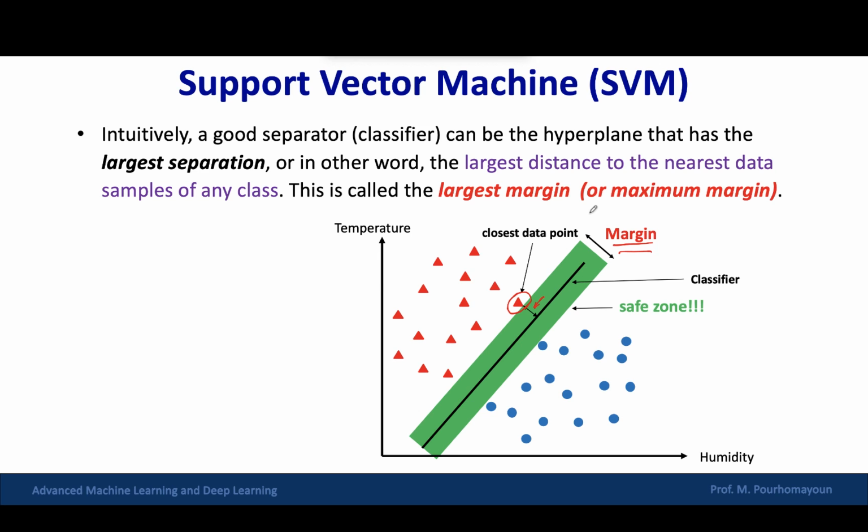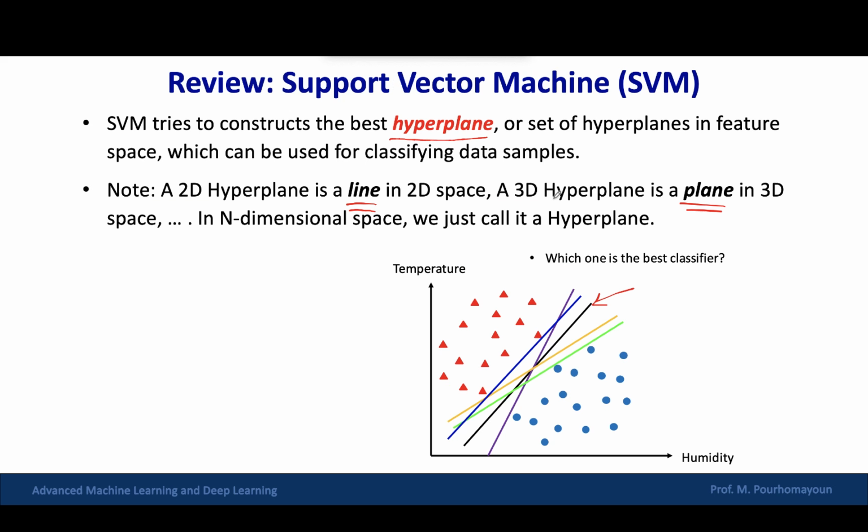So in the support vector machine algorithm, we are looking for the largest margin, okay? We are looking for the widest area among all of these classifiers. Each one of them gives me a margin, right? For example, for this purple one, this is the closest sample, so the margin is very narrow. This is the margin area.